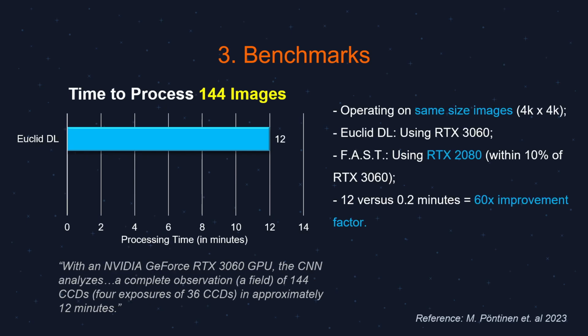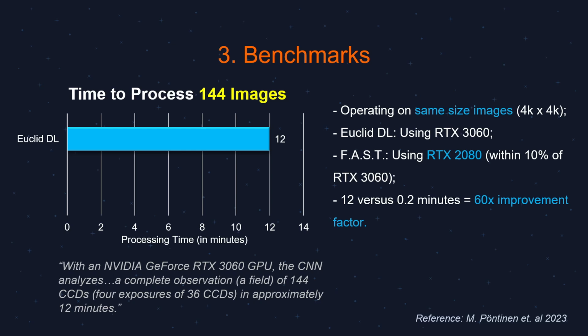Next we have a 2023 paper that went into some detail on Euclid DL. This is an algorithm to identify streaked objects, and it uses GPU hardware to do so. Again, 4K by 4K images, so that's the size of these images. And for Euclid DL, the benchmark there, they used an RTX 3060.